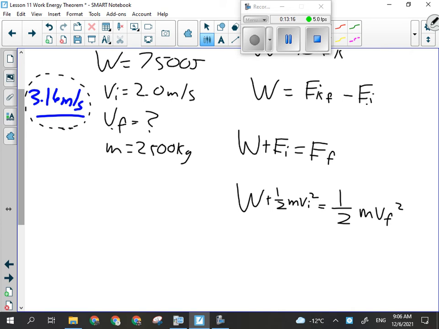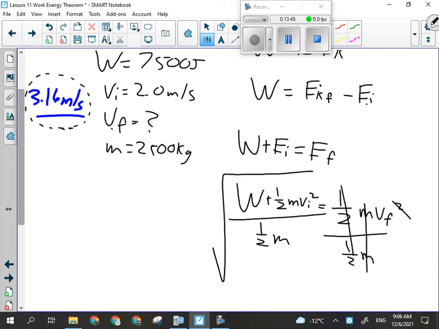It's a little easier to move it before you have it expanded. All right, I want VF by itself. What do I have to do with the half and the M? Divide them over to the other side. That gets me VF squared. I just want VF, so what do I have to do to the whole thing? Square root.